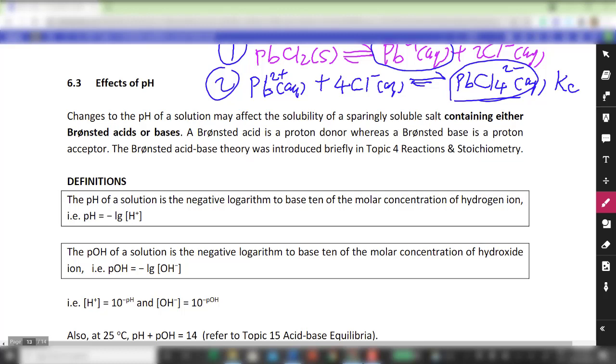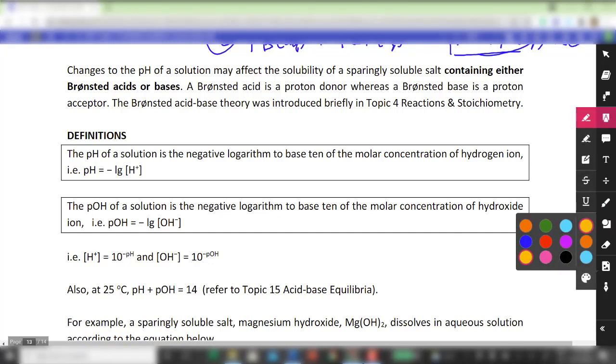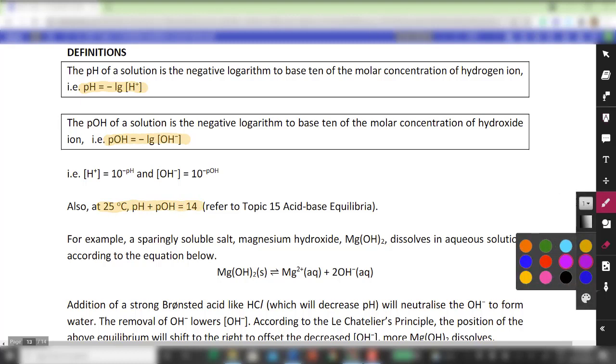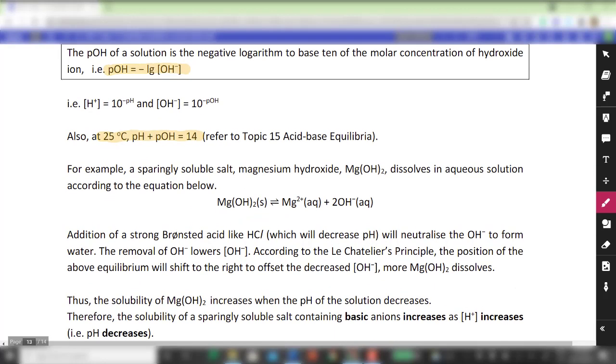But before that, let me give you some introduction: what exactly are pH and pOH in the mathematical sense. pH is the negative log to the base 10 of the concentration of H+. pOH is the negative log to the base 10 of the concentration of OH-. At 25 degrees Celsius, this is an expression you need to know: pOH plus pH equals 14. If you wish to know more, please read up on the topic of acid-base equilibrium, or you can revisit it in JC2.